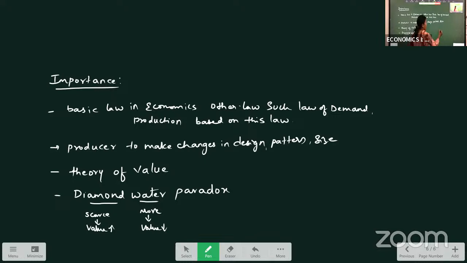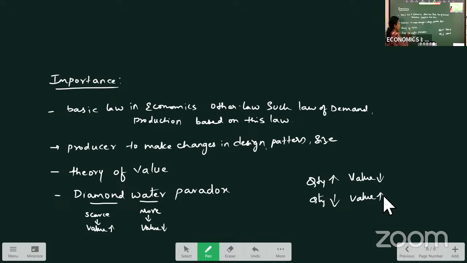So when the quantity availability is more, value will be less. When quantity availability is less, value will be more. We take more valuable goods like that, we say, because their availability is in less quantity. Same thing we have studied in our diminishing marginal utility also.